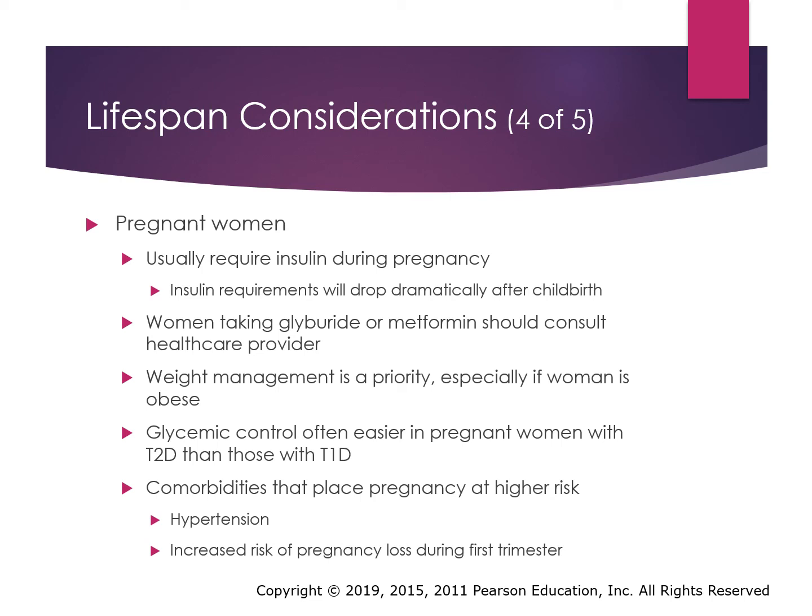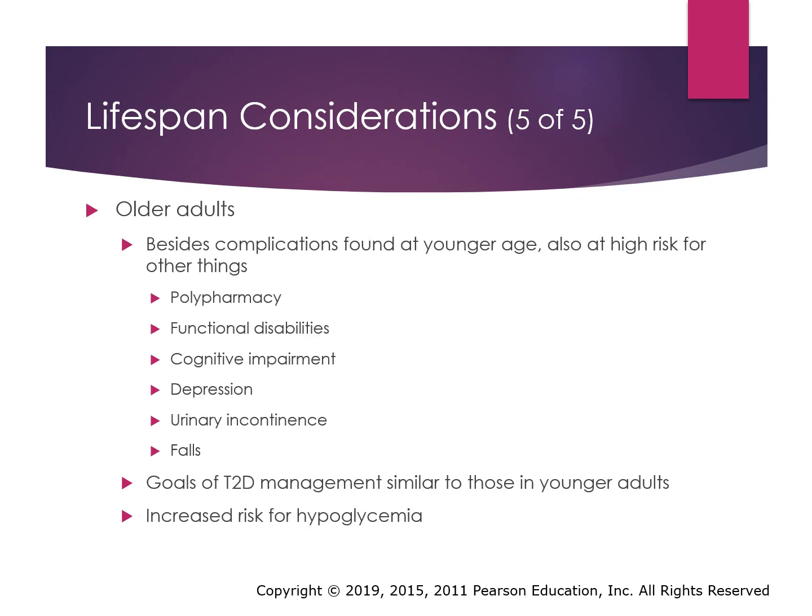So really, before considering getting pregnant, they may need to consider losing some weight. Some of the comorbidities that exist with pregnancy and type 2 are hypertension and fetal loss during the first trimester. And that can be very devastating.